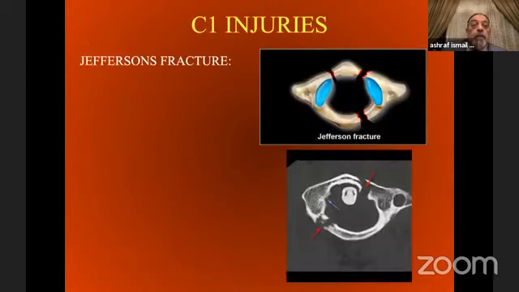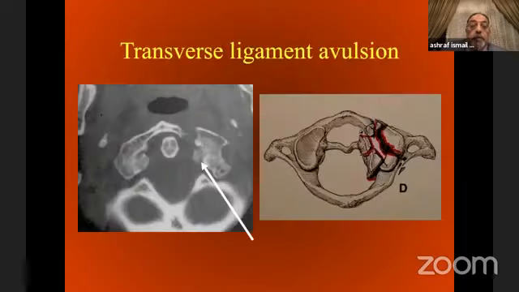Here are illustrations for the Jefferson fracture and the lateral mass fracture with the transverse ligament tear. Also here there is transverse ligament avulsion and a comminuted fracture of the lateral mass.